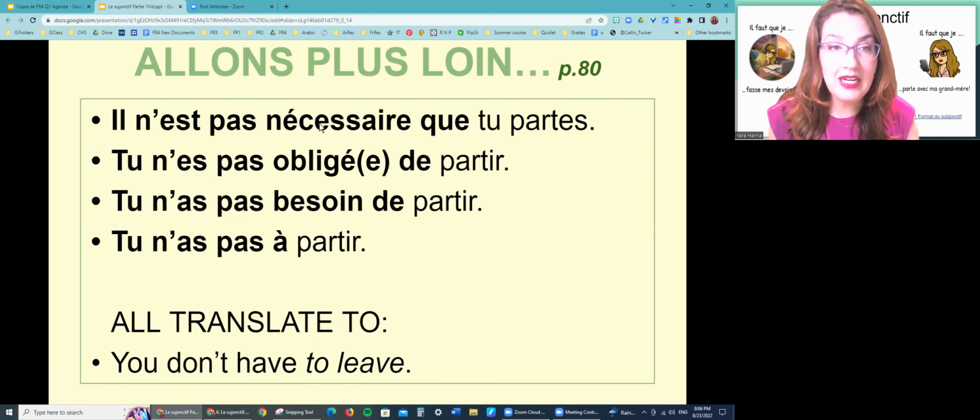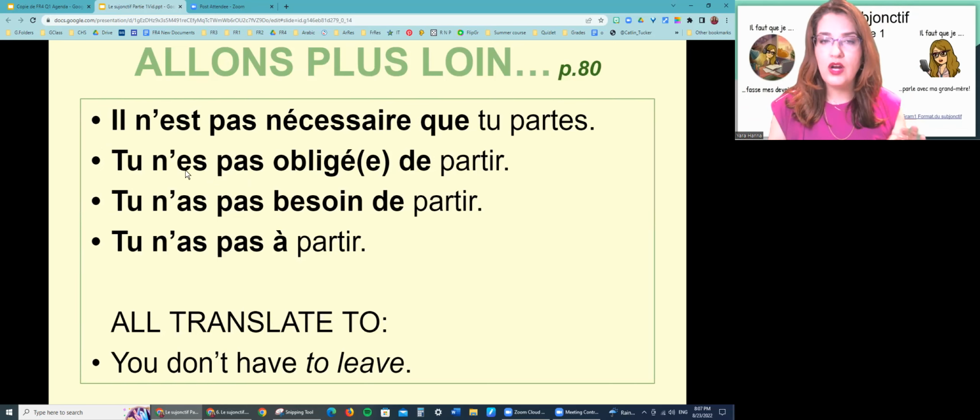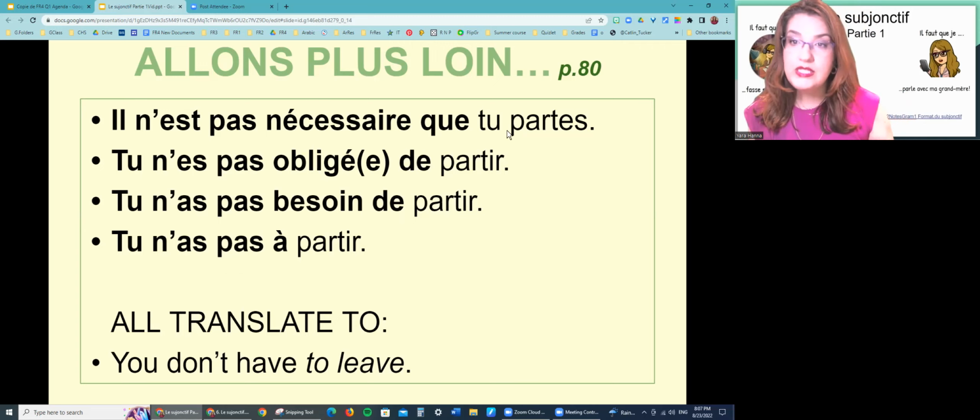So the first one does have the subjunctive, the second does not. Tu n'as pas besoin de partir. Tu n'as pas à partir. So the first one only uses the subjunctive because we have que and il n'est pas nécessaire que.